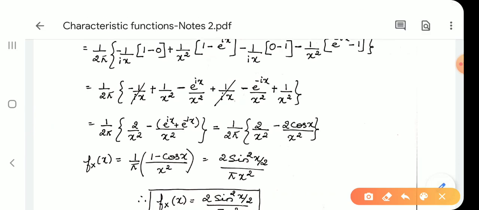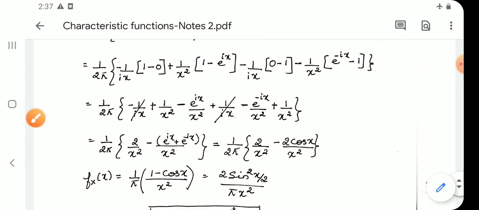So let us simplify it further by opening the brackets. When we open the bracket, it becomes minus 1 into minus 1 by ix into 1, which becomes minus 1 by ix. Next here, 1 plus 1 by x square, plus into minus becomes minus e power ix by x square.